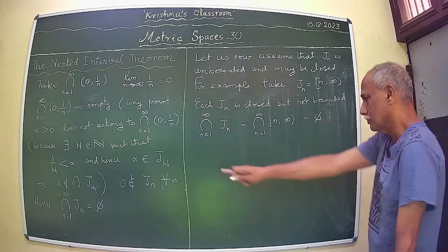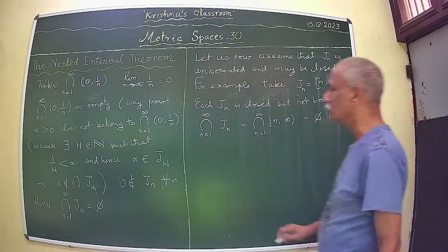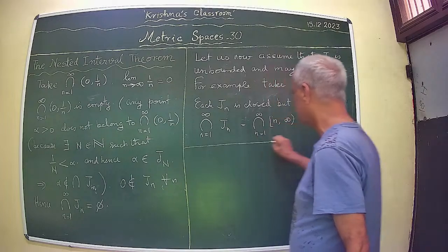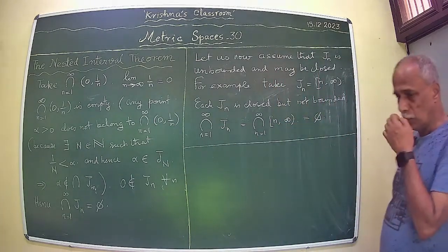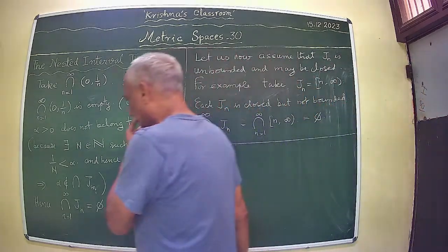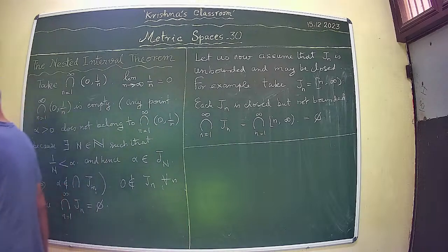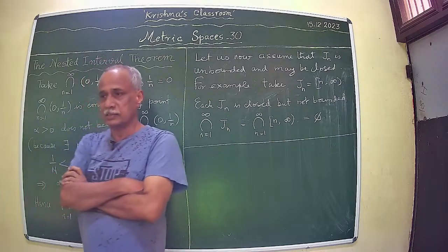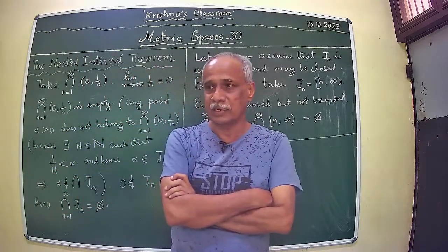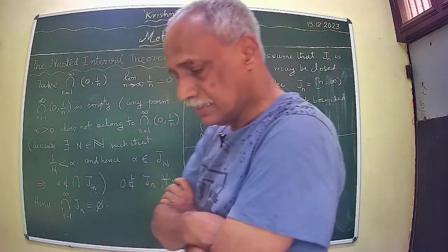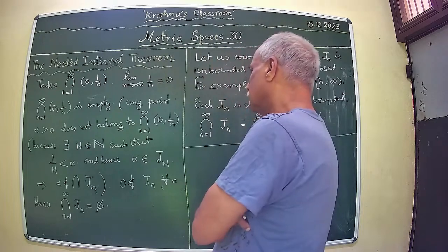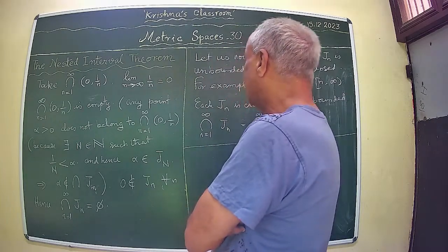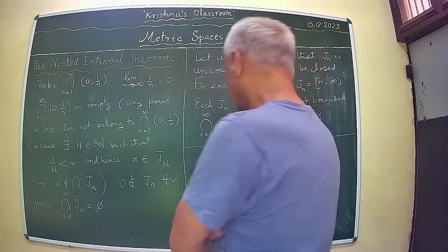It's the same type of argument that we used. So we observe that the assumption that Jn is a closed bounded interval is significant in the validity of this theorem.